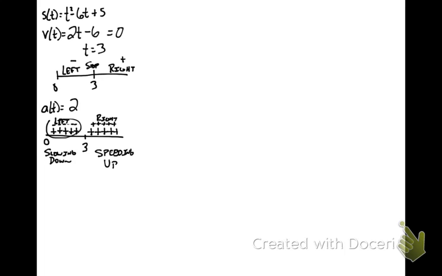And finally, we can make sense of the position of this particle and see how that relates to everything. When the particle begins, it starts at 5, and 1 second later it would be at 0. And so it moves in this direction.